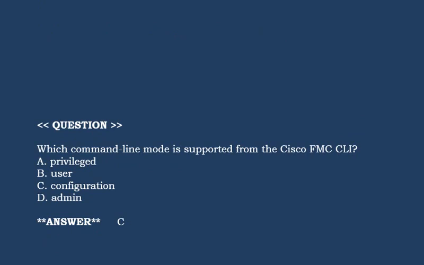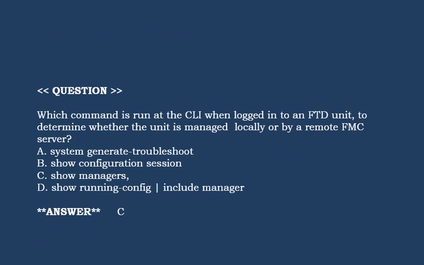Correct answer is option C. Next question is, which command is run at the CLI when logged in to an FTD unit to determine whether the unit is managed locally or by a remote FMC server? Option A. System generate-troubleshoot. Option B. Show configuration session. Option C. Show managers. Option D. Show running-config | include manager. Correct answer is option C.